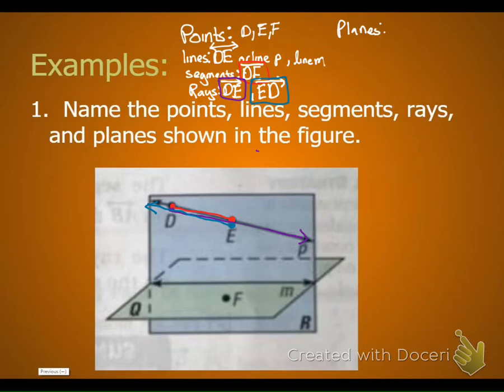So the other way to name a plane is you'll see that there is a bold letter in the corner. So, Kevin, you told me one earlier. What is it? R. So we have plane R. And Jaquan, what did you tell me yours was? Q. Yep, plane Q. And we have to write the word plane in front of it.